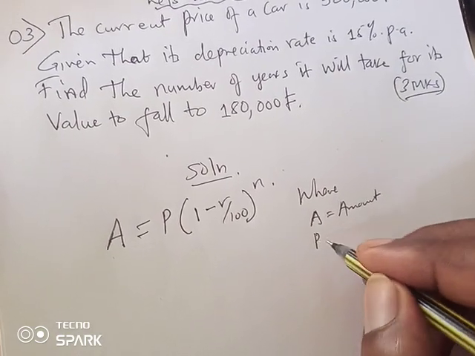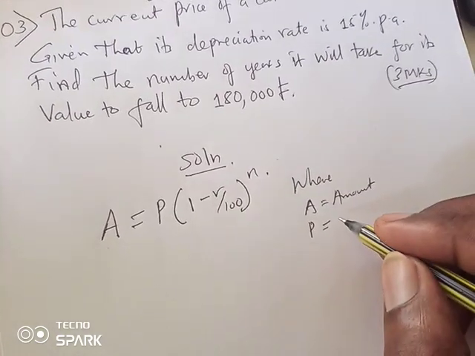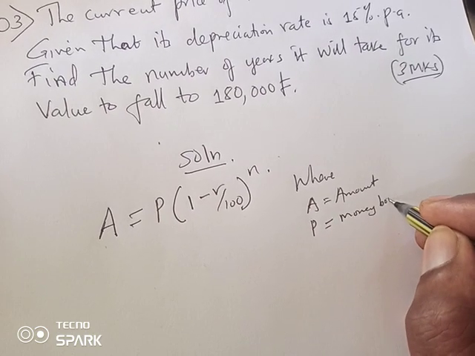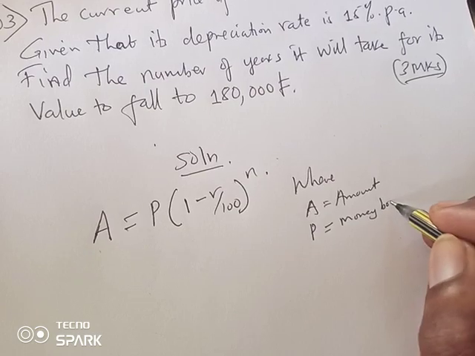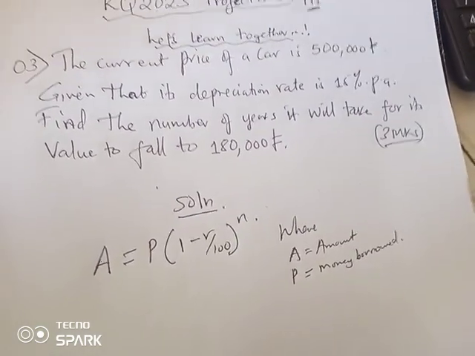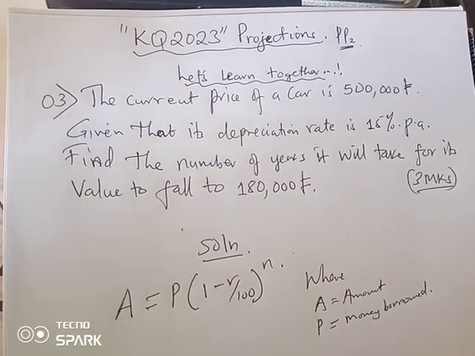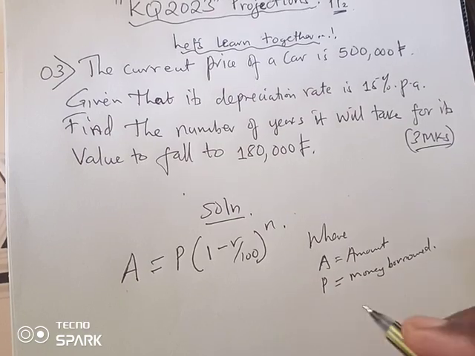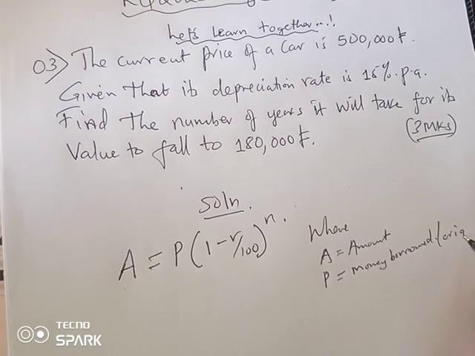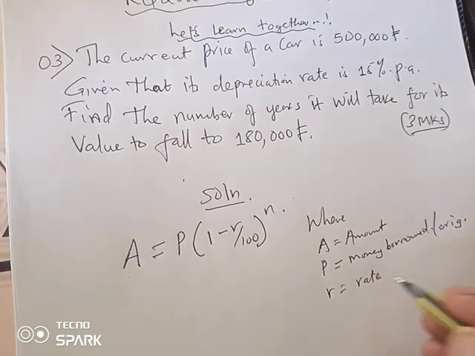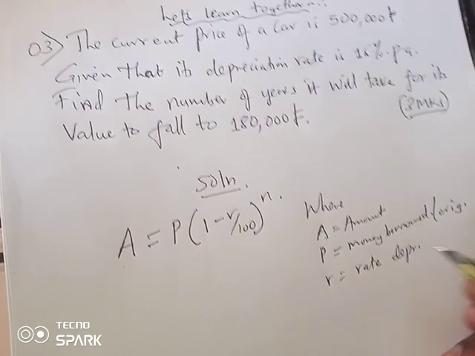Then P is the money borrowed, however, in this case, it will apply to the original value of the car. Then finally, R, we all know the rate of depreciation.